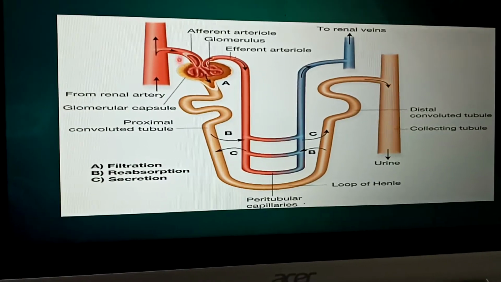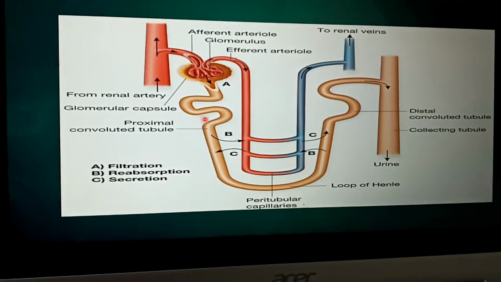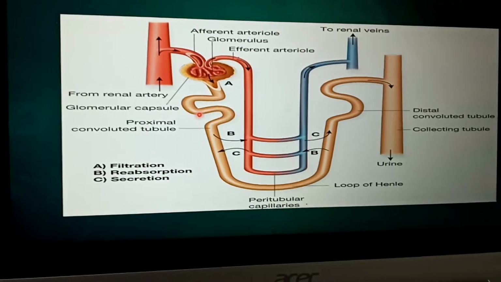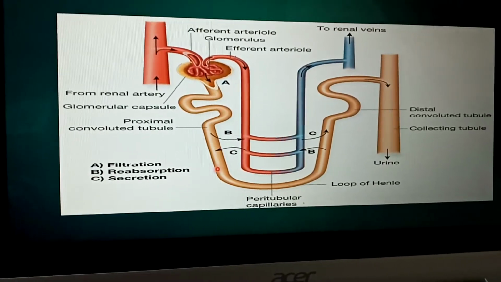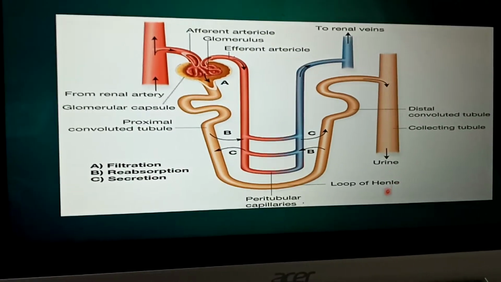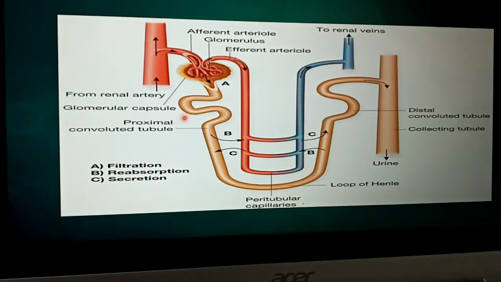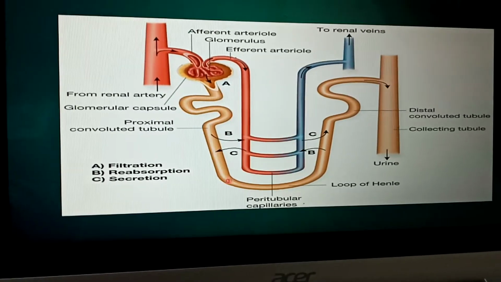Sometimes, when the drug is unable to cross the glomerulus, the drug moves from the blood back into this proximal convoluted tubule so that it can cross the whole tubular part and then get eliminated in the urine. This process is known as proximal tubular secretion.